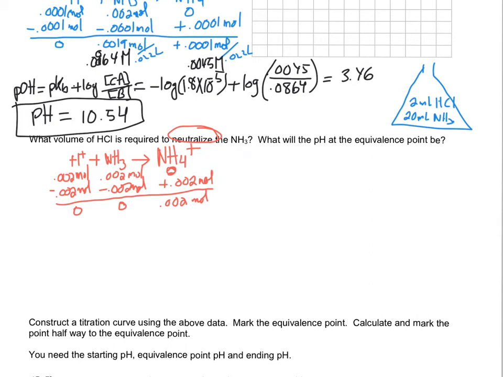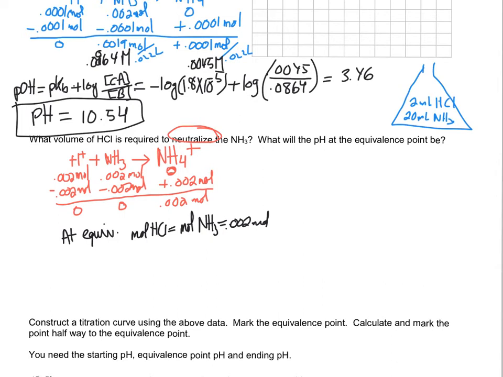But I already figured out that I need 0.002 moles to reach the equivalence point. So, since I know the moles and I know the molarity, I can figure out the volume. So let me do that. At the equivalence point, the moles of HCl are equal to the moles of the NH3, which is equal to 0.002 moles.